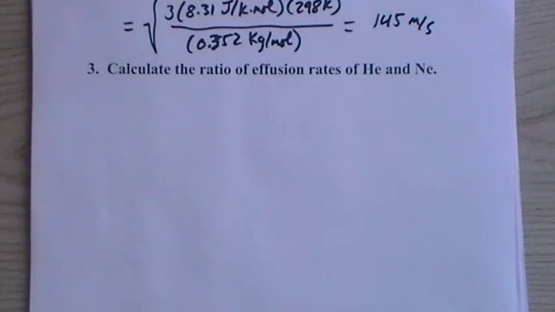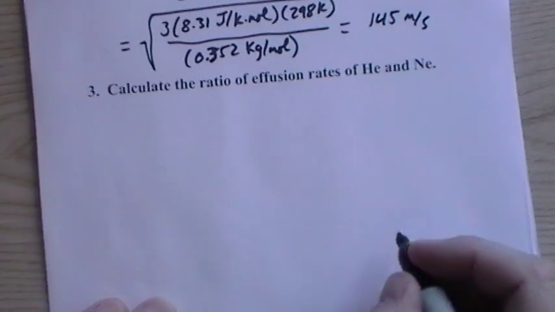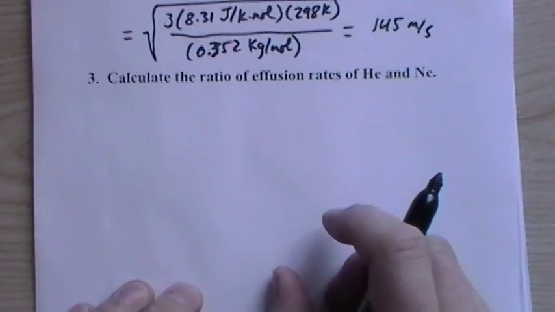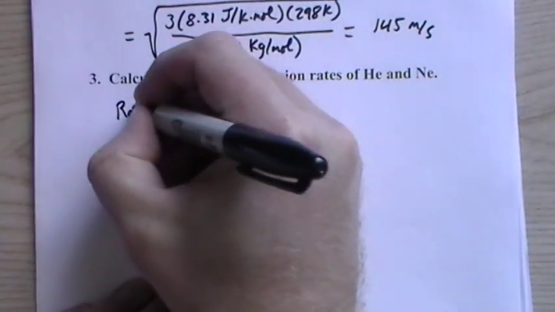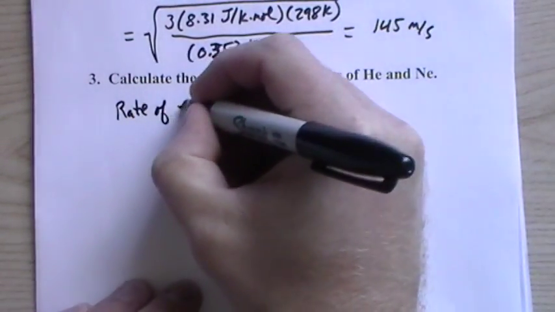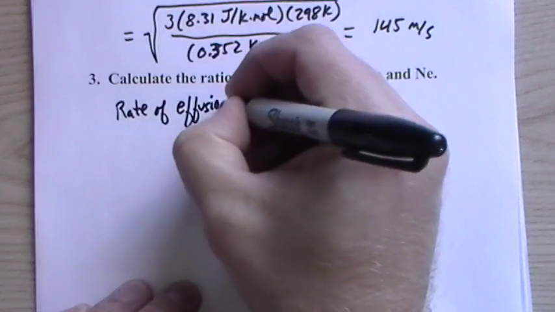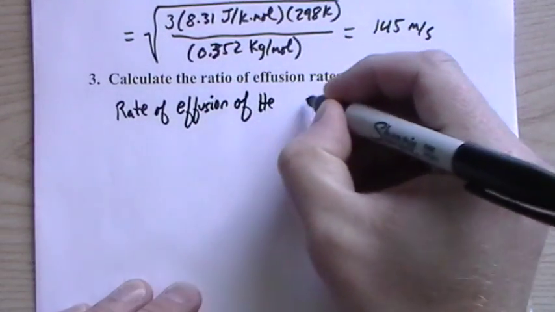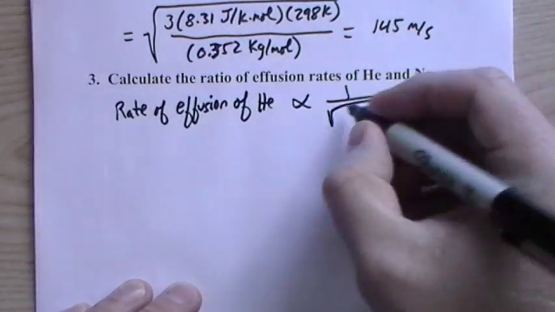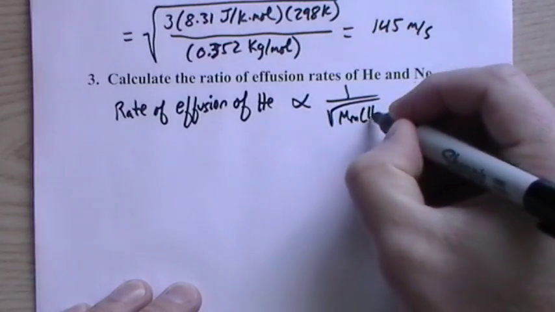All right, calculate the ratio of effusion rates of helium and neon. So the rate of effusion of helium is proportional to 1 over the square root of its molar mass.